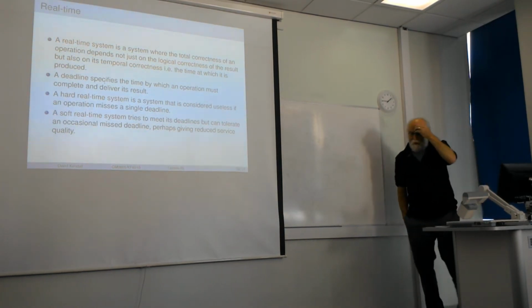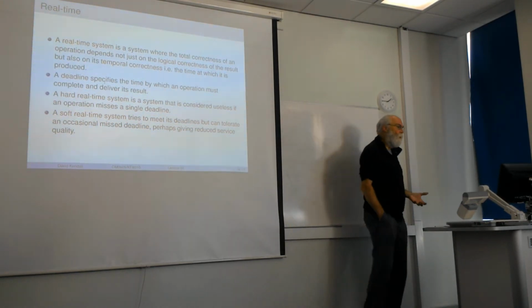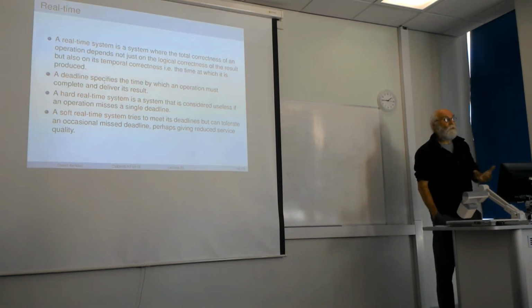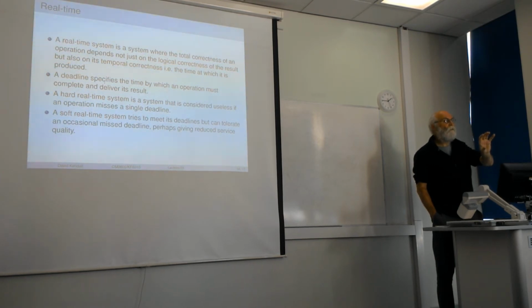So the classic example of that is video streaming. When you're playing back a video stream, you've got some real-time requirements. The real-time requirement is that the next frame must be available for displaying to the viewer in time following the previous frame.